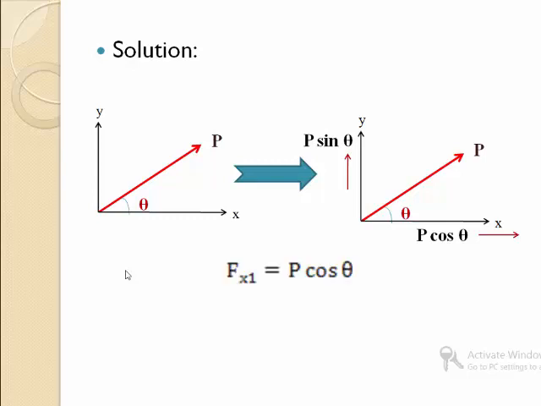So the horizontal component for the first force we are considering in the problem can be represented as Fx1, which is plus P cos theta because it is acting along the positive x-axis, and the vertical component of this force is plus P sin theta because it is acting along the positive y-axis.